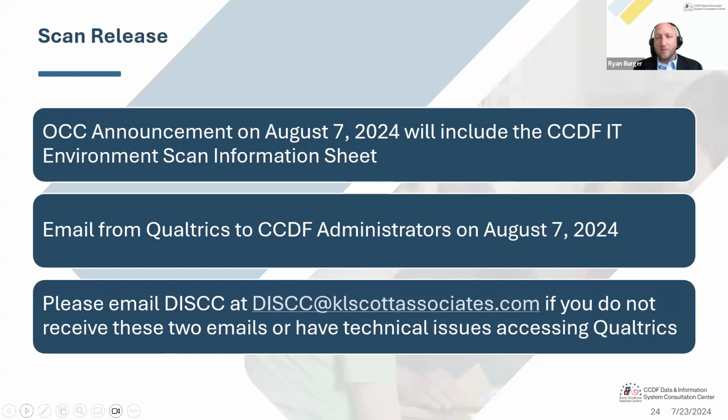There will also be a brief informational flyer about the scan that you can share with your data and IT partners to really let them know about the scan in a quick and easy way. And the second email that you will receive will be from Qualtrics with a link to the CCDF IT Environment Scan. This will be unique to your lead agency, and the hyperlink will include the domain name survey.acf.gov.